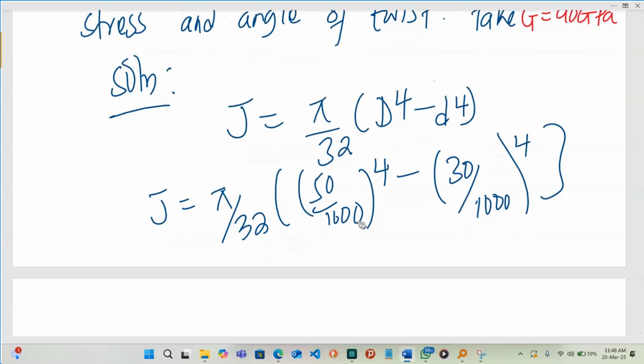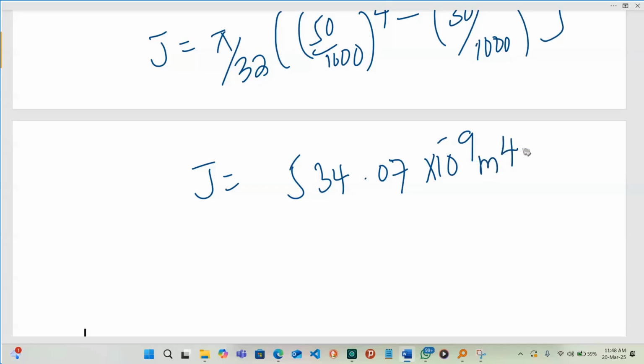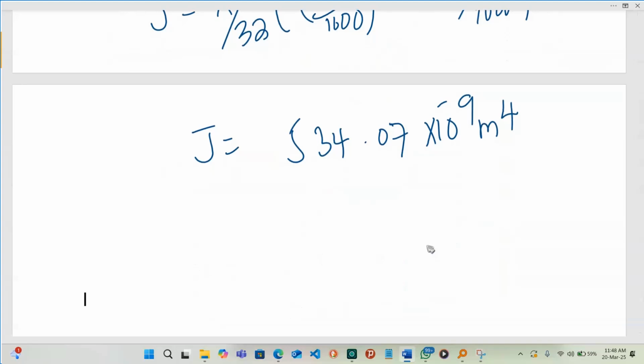Then we will find that J is equal to 534.07 times 10 to the power negative 9 meters to the power 4. When you compute this on your calculator, this is what you should get.